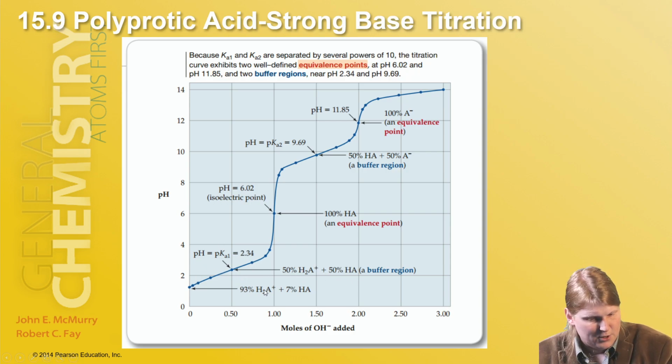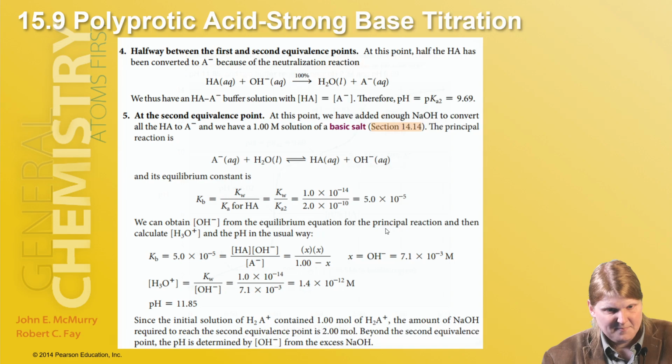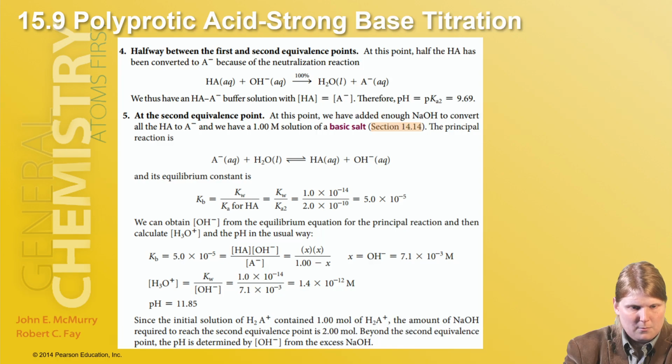That's our buffer region. Then our equivalence point, isoelectric point. Then pH is equal to pKa2, another buffer region. And then another equivalence point up here. Halfway between the first and second, it's converted, so pH is equal to pKa2.